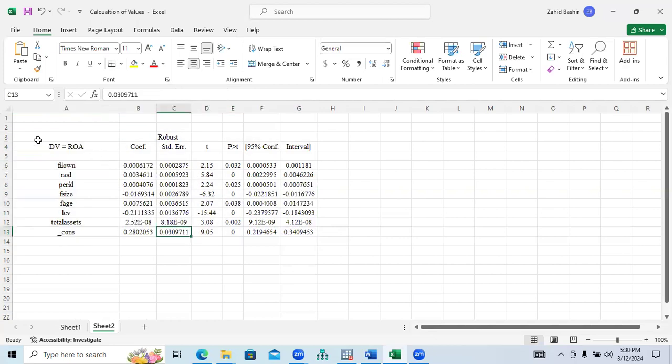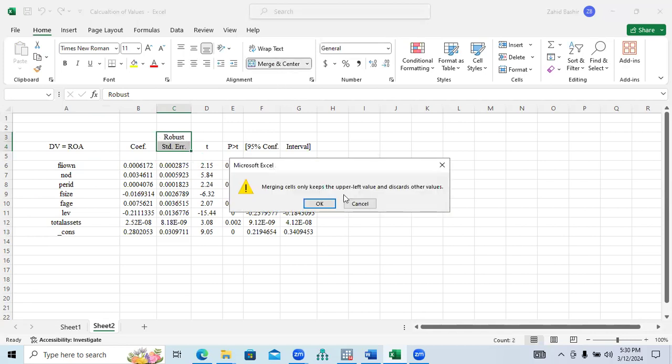Right? Now create your robust standard error here. You need to adjust it here. If it is not converting, you can select both of these two different rows and merge them like this.